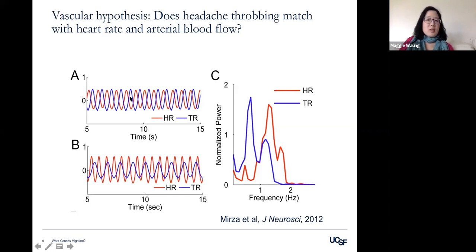And you can see it doesn't really match. And this is just an average of all the patients in frequency space, showing that the heart rate doesn't really match the throbbing of the pain. So it seems like the dilation, the pulsation of the artery isn't what is causing the throbbing of the pain, because they're not matched in time.